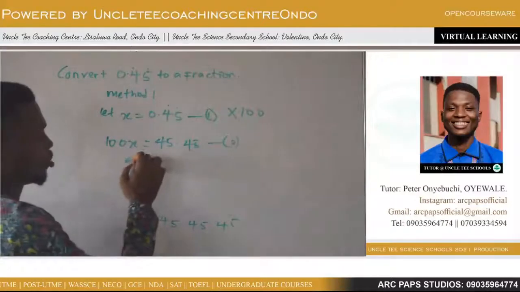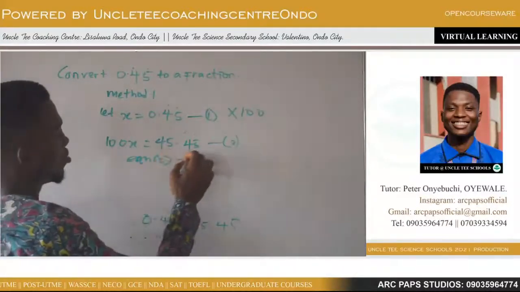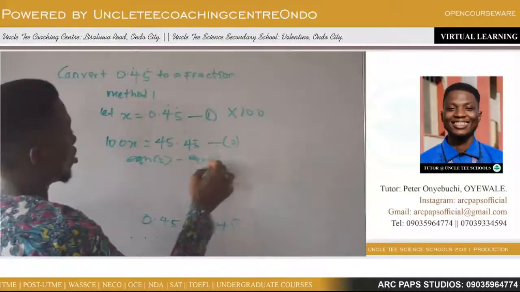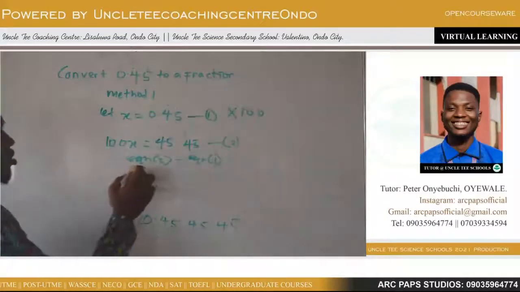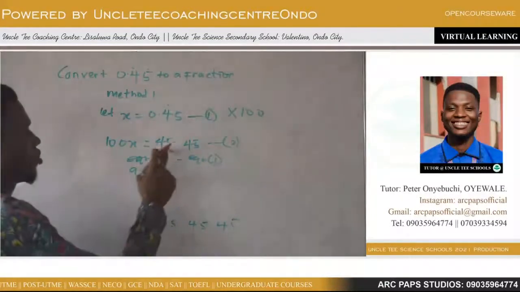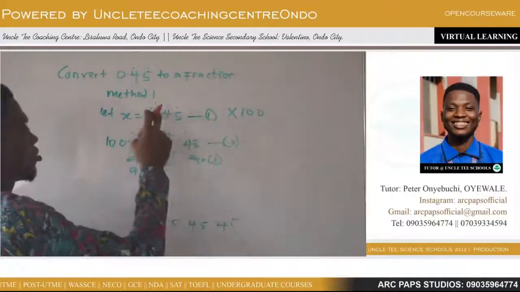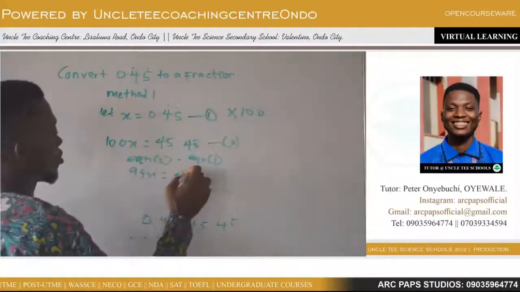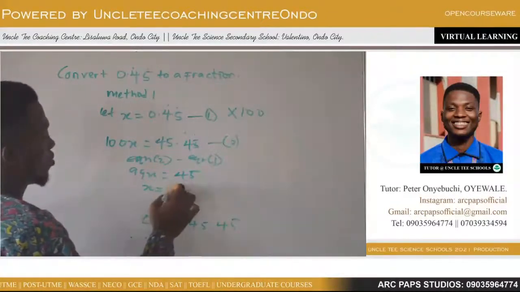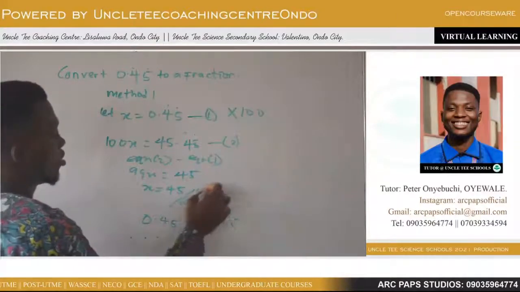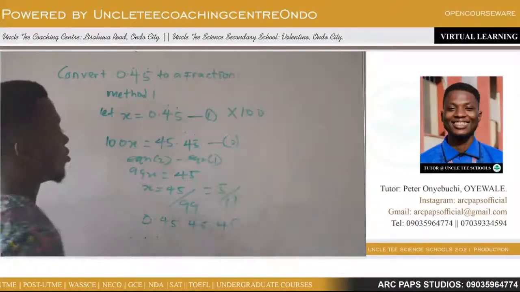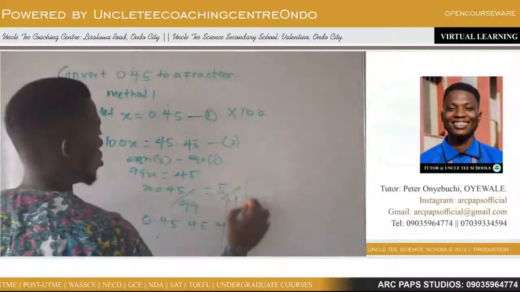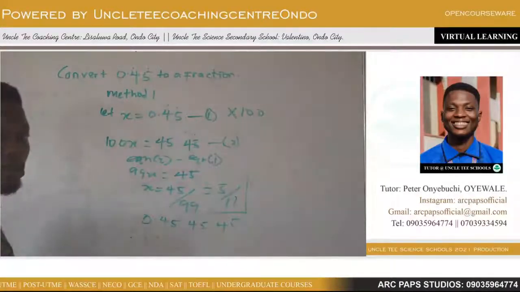Now we're going to subtract equation 1 from equation 2, that is equation 2 minus equation 1. 100x minus x, 99x, is equal to 45.45 to infinity minus 0.45 to infinity, which is 45. So our x will give us 45 over 99. 45 is 5 times 9. 99 is 9 times 11, so that will give us 5 over 11.